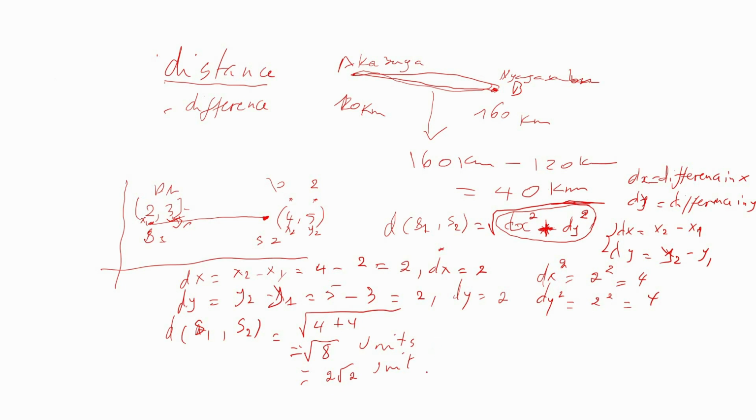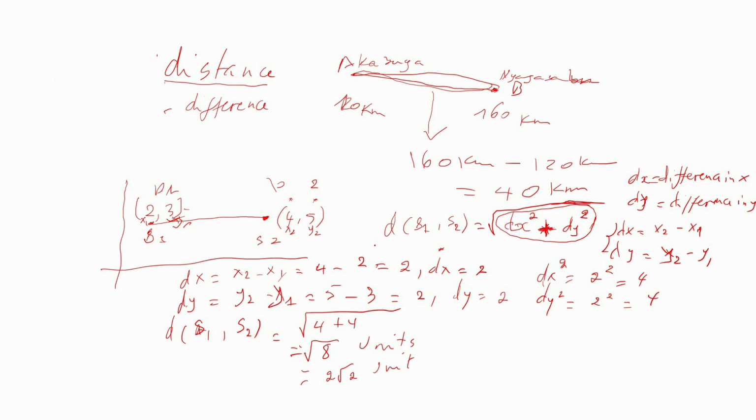It can be any preferred unit. dy, this is y2 minus y1. y2 here is 5 minus 3. You get what? 2. Don't say that always it will be 2 because of this example. We shall see other examples with different values.